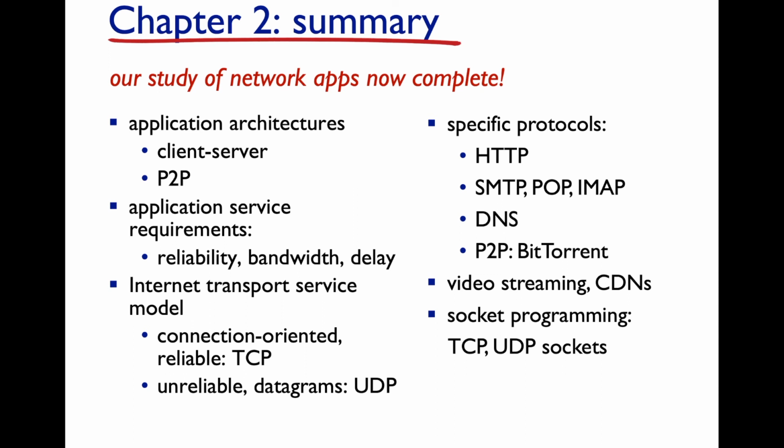And then we also talked about the reason for the speedup in peer-to-peer networks with an example of BitTorrent. We looked at issues with video streaming, content delivery networks, and then we ended with socket programming, examples for both TCP and UDP, and then we actually tried out the reliable service TCP at the command line.